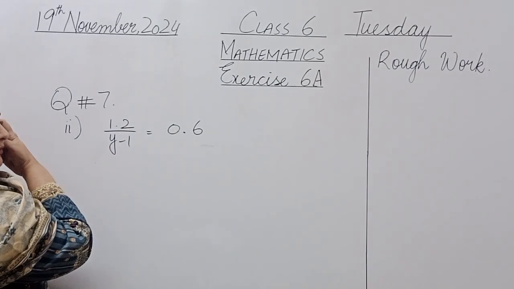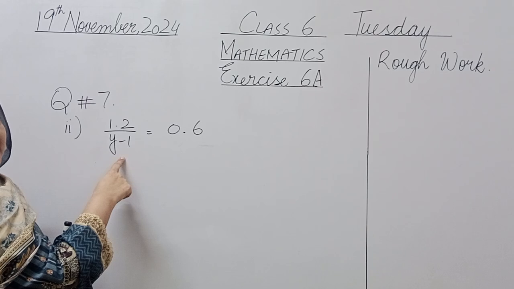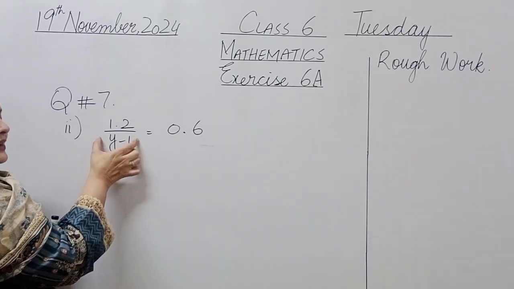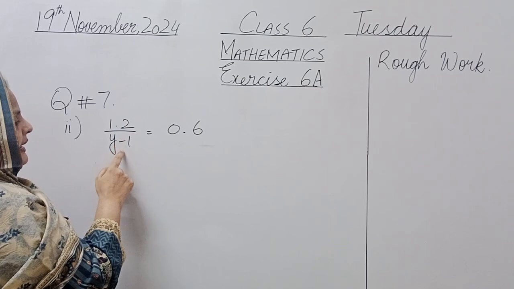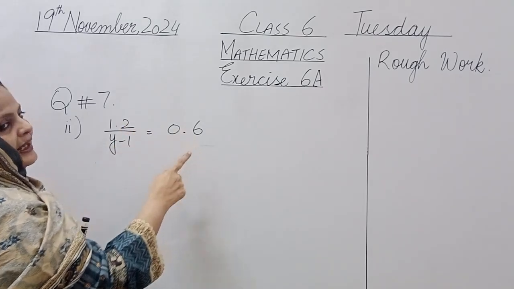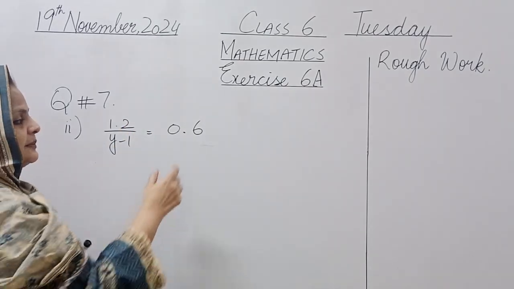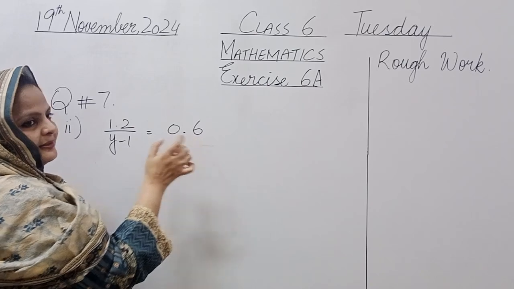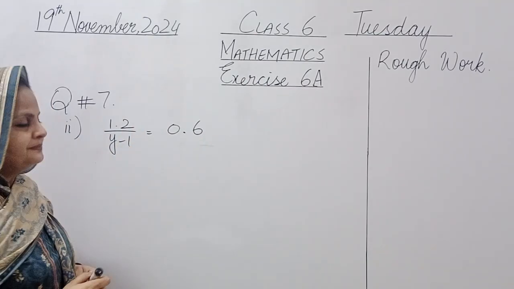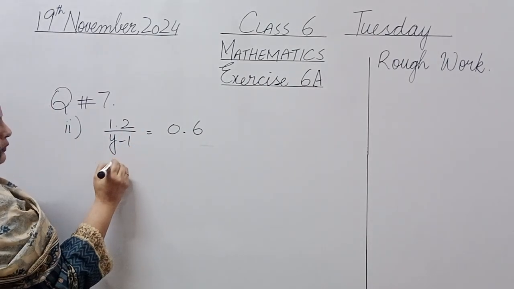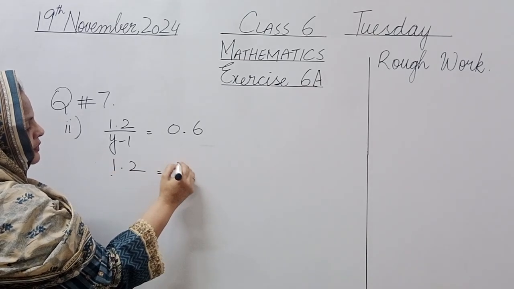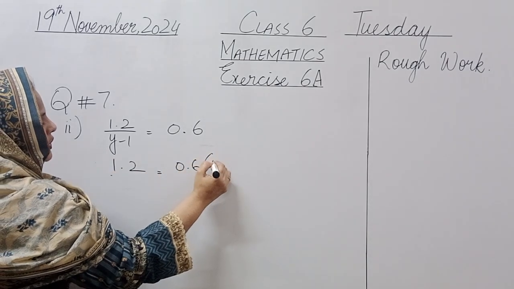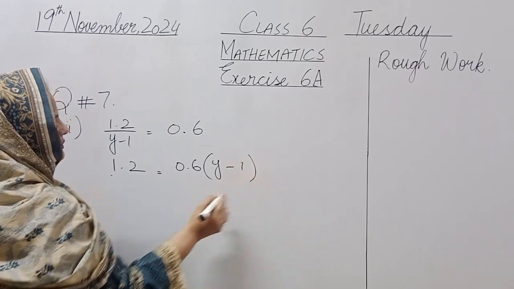For example, if y minus 1 is the divisor over here, then it will go to this side and it will be multiplying itself with this particular number, right? For example, 1.2 is equal to 0.6 into y minus 1.